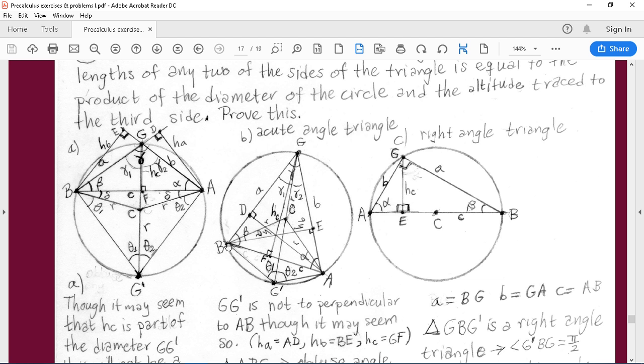Okay, in the bigger right-angled triangles, we have that sine of theta 1, considering triangle BGG prime, equals lowercase a over GG prime, which is D, the diameter.